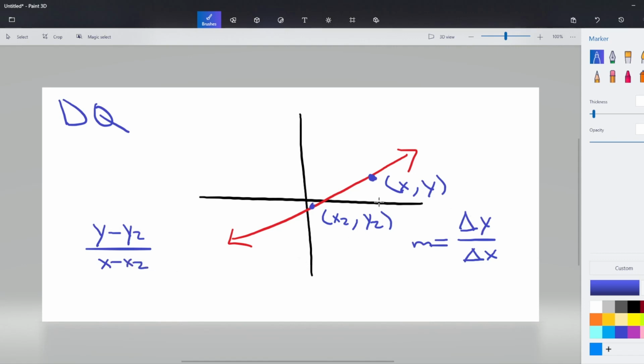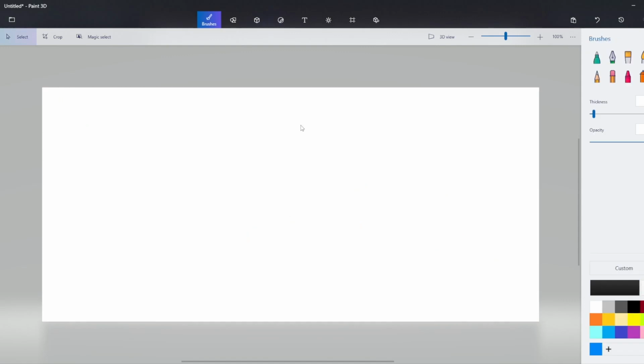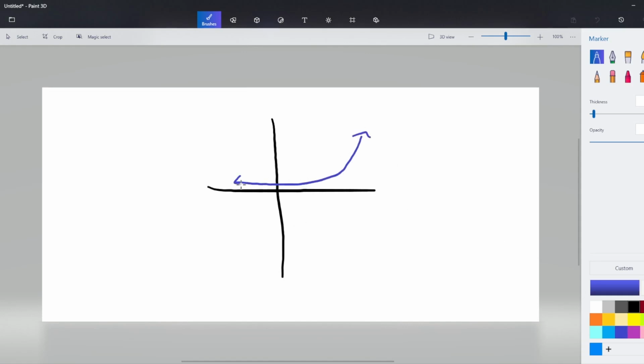Okay, but how do you do that for a curve? So if I draw out a curve, what happens is that now you don't have a slope to work with, right? So let's say I have a point here and here. So now I have to draw an imaginary line here, and you see that this line wouldn't match with the actual curve.